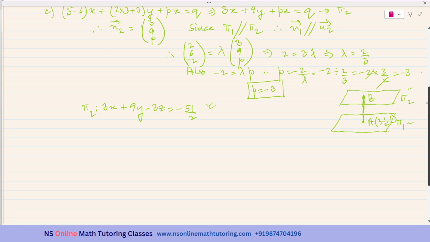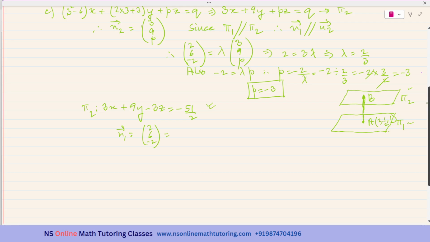and we also know the direction vector of this EB because it can be taken as N1 or it can be taken as N2. Both are perpendicular to both the planes pi 1 and pi 2. Okay. So, but I do not want to take either of them. Let's see what can I do. See, N1 is equal to 2, 6 and minus 2.